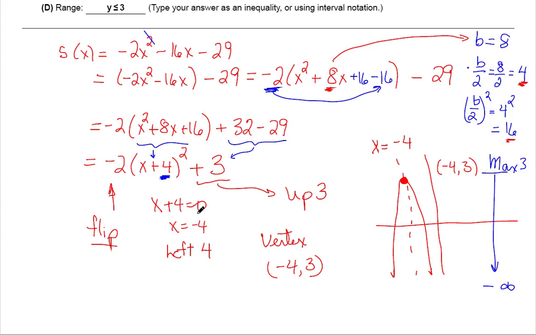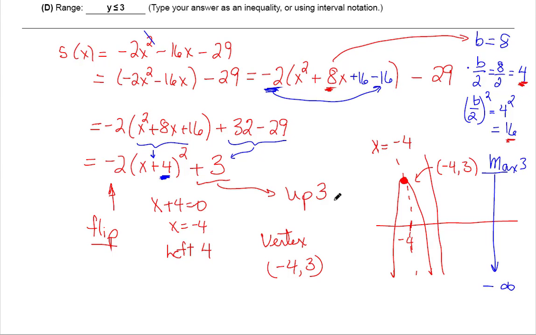X plus 4 is 0. X is minus 4. So I've gone left by 4. So this is at minus 4 and up by 3. And that's where the vertex is. And that's the highest point because it's flipped over.